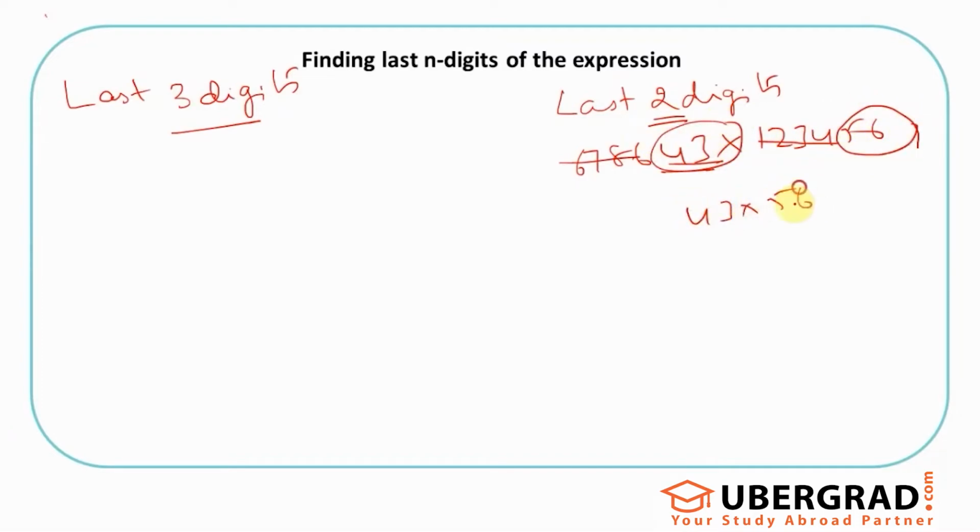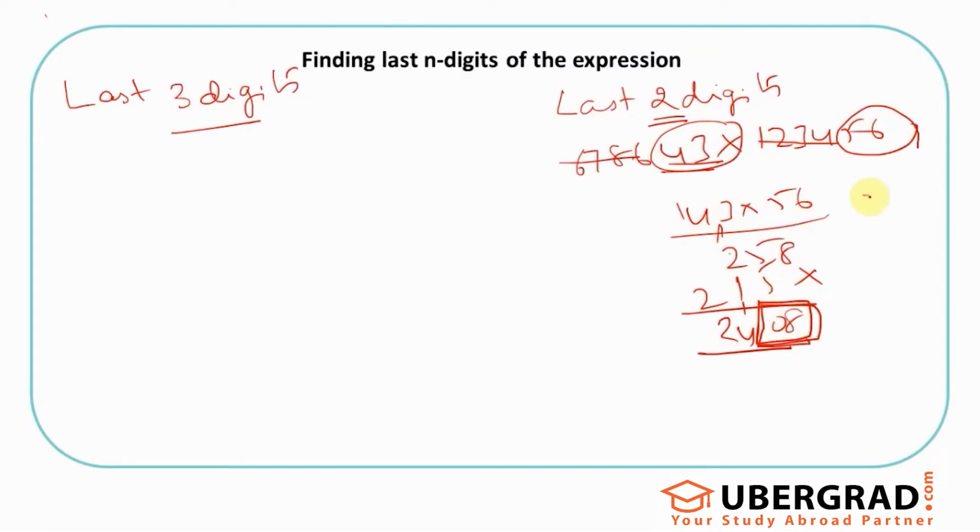All I need to do is 43 into 56, and as you have done earlier, the last 2 digits are 2408, so 08.